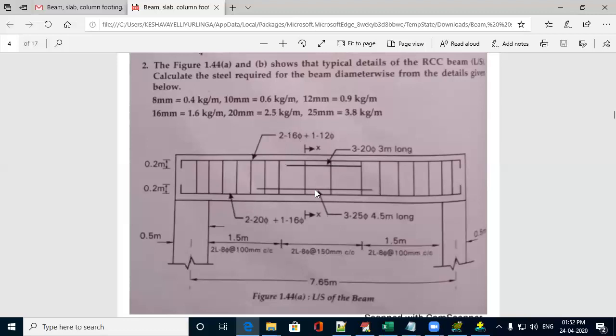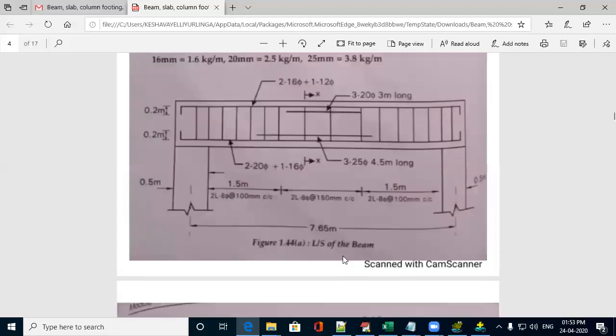At the bottom you have two bars of 20 mm diameter and one bar of 16 mm diameter, the reverse of this. At the same time, at the bottom you have three bars of 25 mm diameter, each bar 4.5 meter long. This is a different type of bar.